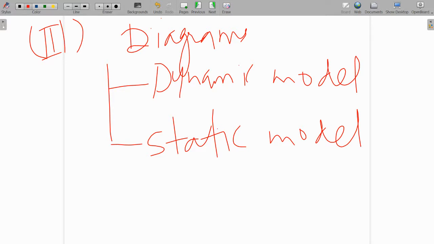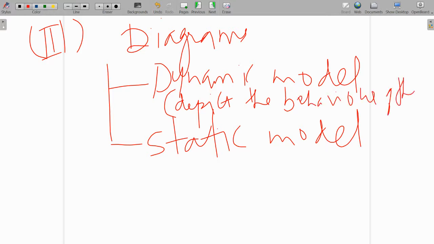When you talk about the dynamic model, it will depict the behavior of the model. So the diagram which is used to show the behavior is called a dynamic model. So what is the static model?